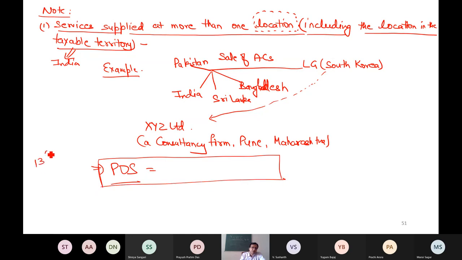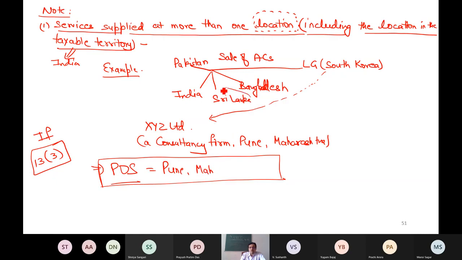If my services are covered in section 13(3), so I'm putting this condition, if the services are covered in 13(3), and if those services are those which are supplied at more than one location, like in this example, then in that case, if any location is in India, then my place of supply will be India, Pune, Maharashtra.